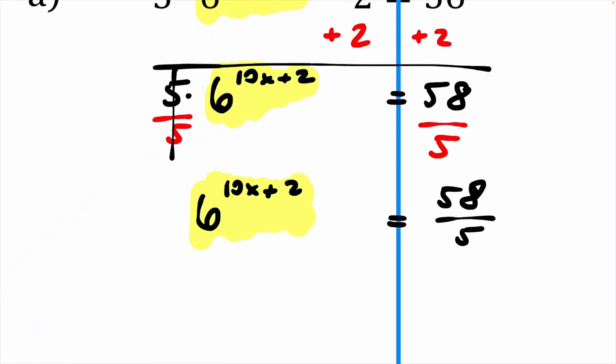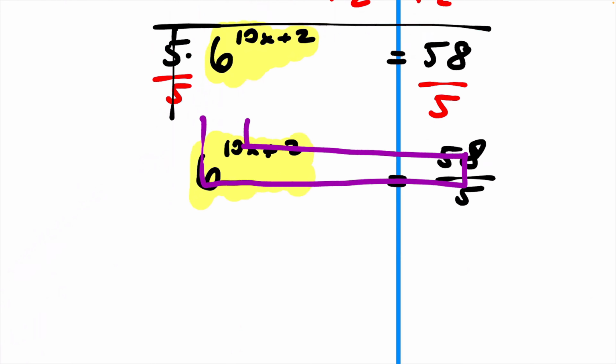Step 1 done. That guy's by itself. Step 2. What was step 2? The L. The L. Okay.